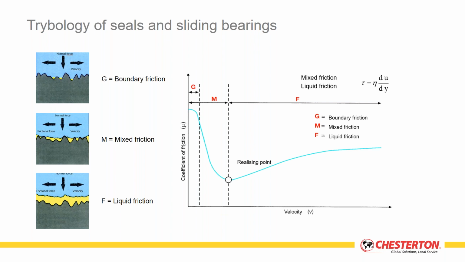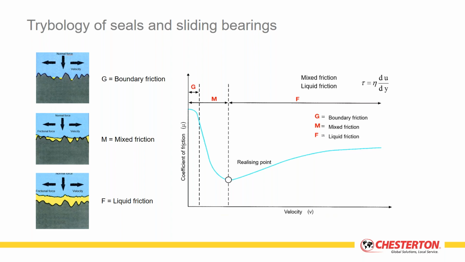lubricated. And if we have a look at the chart of how the frictional force changes with speed, you will see that the frictional force is the highest when the relative speed between the surfaces is zero. So if the frictional force is the highest, it means that at the same time the wear is going to be the highest.